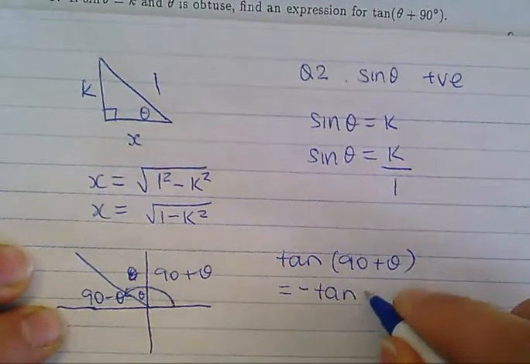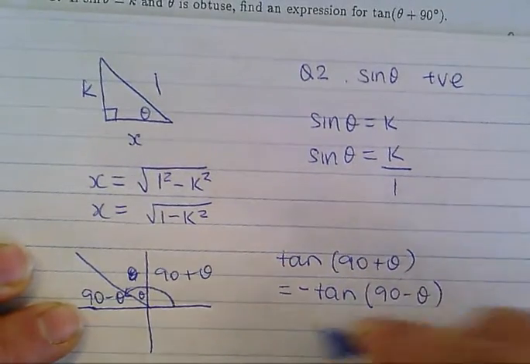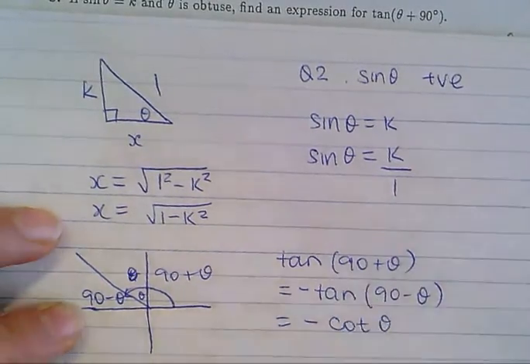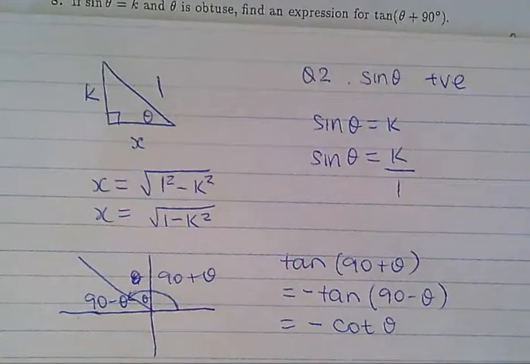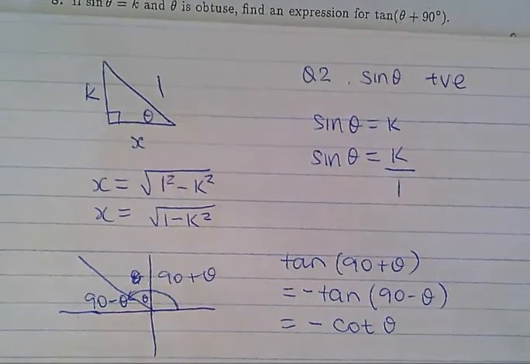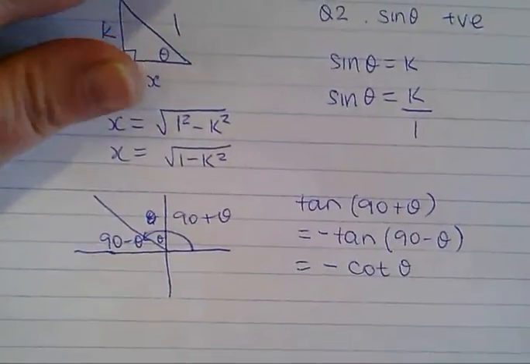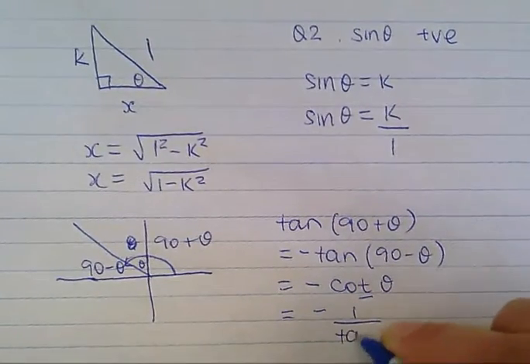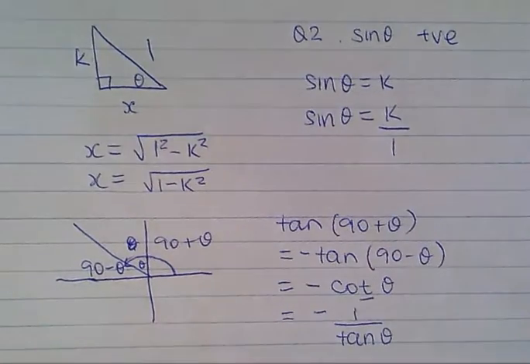This is 90 minus theta, so it's the negative tan of 90 minus theta, which is negative cot theta. Remember, every time you see 90 minus theta, it's complementary. So we want the negative cot of theta, which is the negative 1 over tan theta. We want the flip of the tan in our triangle. Do you get it?